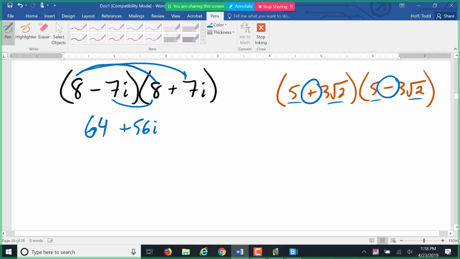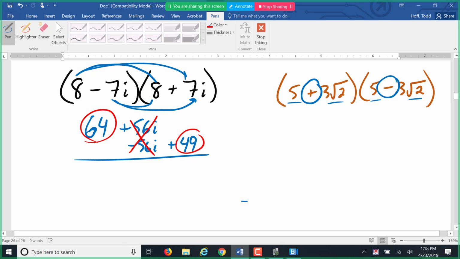Negative 7i times 8 is a negative 56i. Negative 7i times positive 7i is a positive 49. So the 56i and negative 56i cancel out. 64 and 49 make 113.